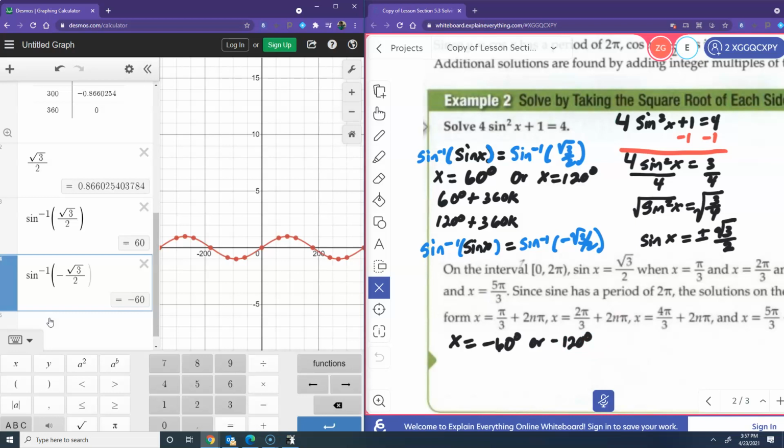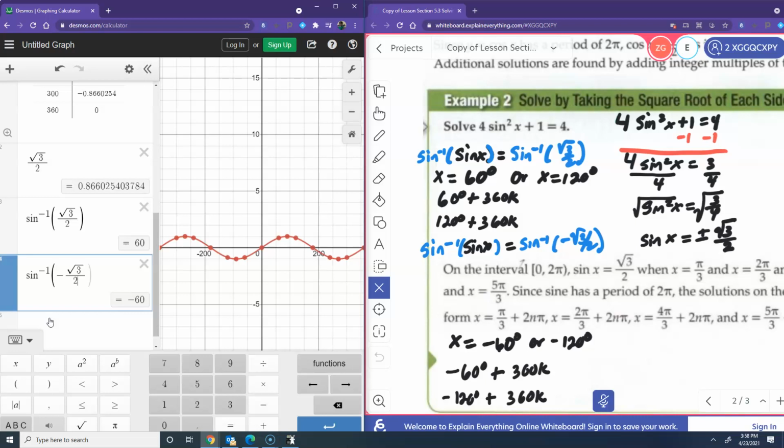Okay. So you know it's periodic. So the answer is going to be also negative 60 degrees plus 360 K, or negative 120 degrees plus 360 K. And that's going to give you every possible answer.